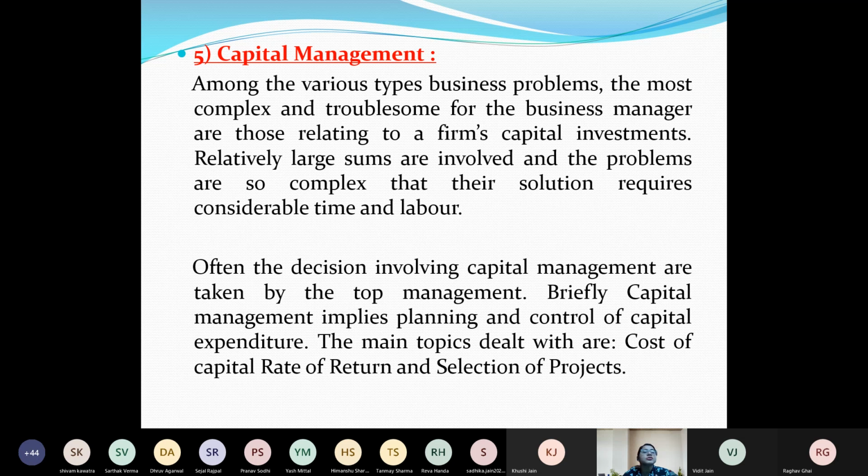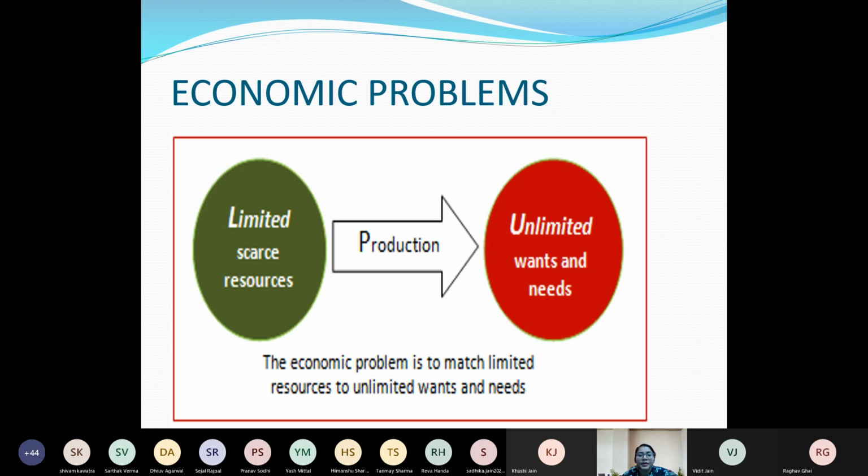Then you can also go for investment from venture capitalists or investors, or even take investment as a shareholder, right? So what kind of investment you need to take is also part of your business economics.